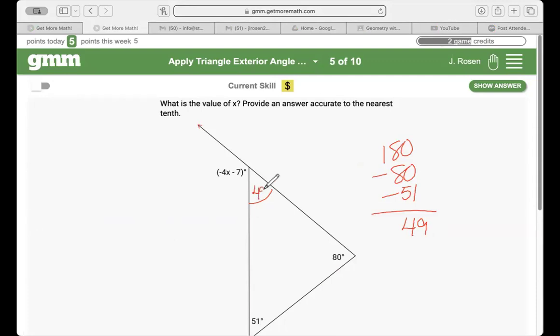So this right here is 49, and it's a supplementary angle, so it's going to add to 180. So negative 4x minus 7 plus 49 equals 180. And then solve your equation. There's no distributive property, but we can combine negative 7 and 49, which is 42.